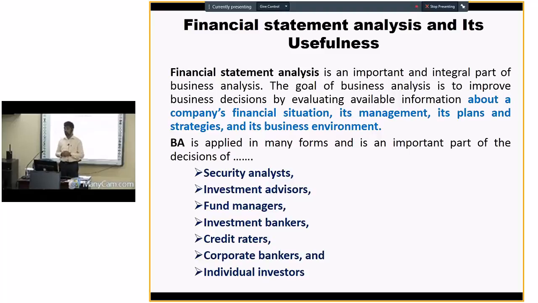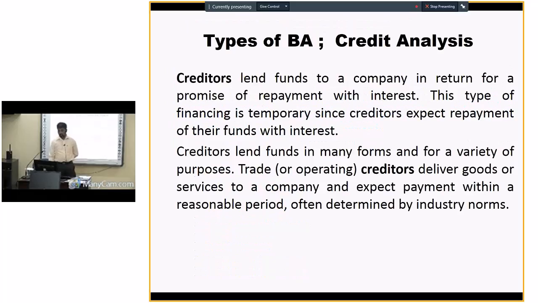That type of organization is also concerned about business analysis, and they use the results of the business analysis for making decisions. Corporate bankers and individual investors, the last one you can see, are also concerned about business analysis, right?